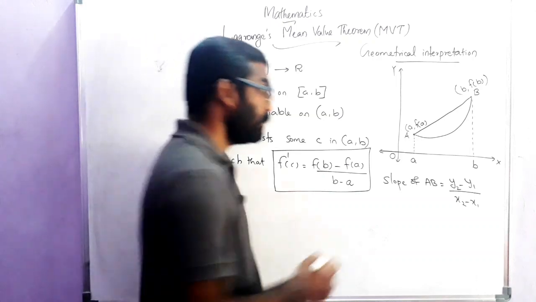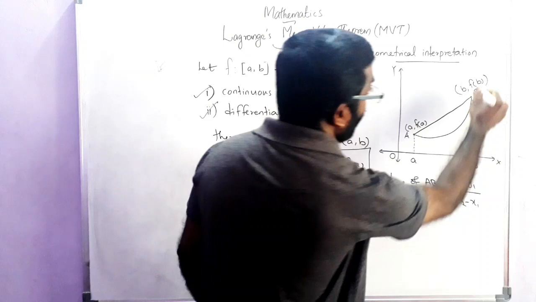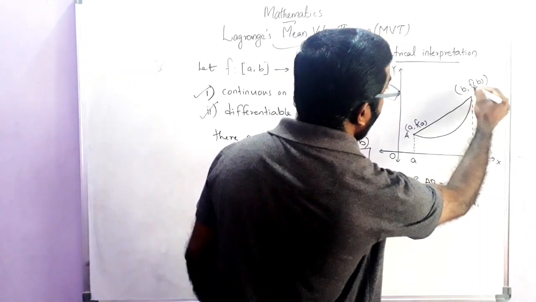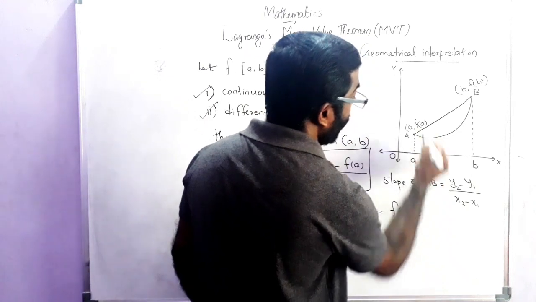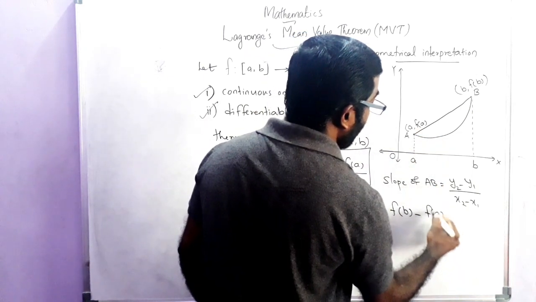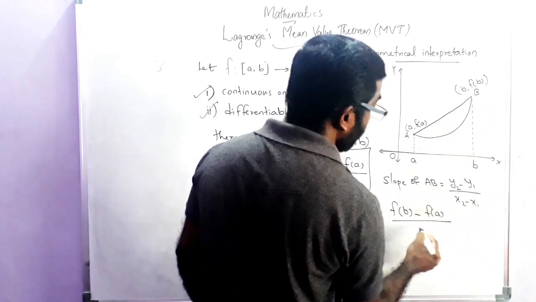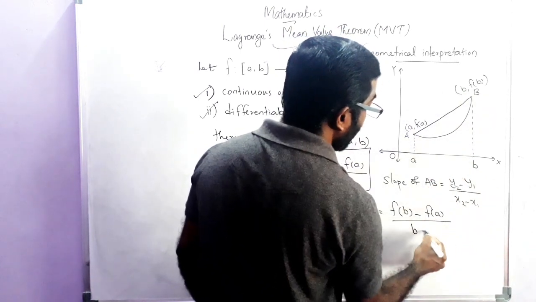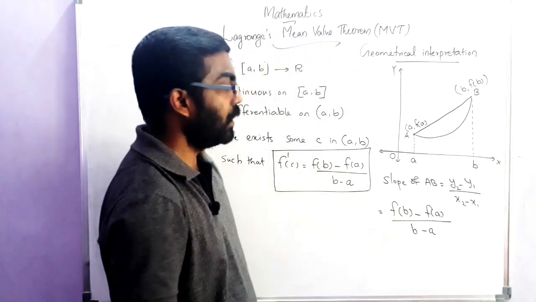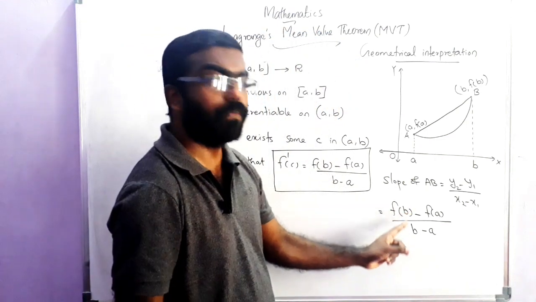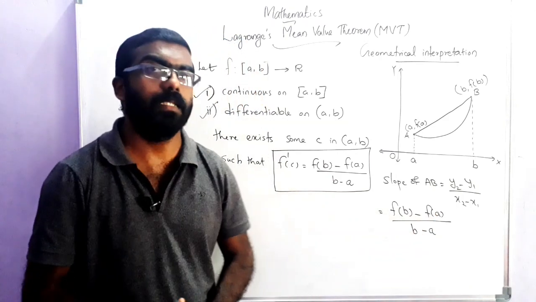So here instead of y2 the value is f of b, so f of b minus f of a, where y1 is f of a, divided by x2 minus x1. Here x2 is b and x1 is a, that is b minus a. Slope of AB is equal to f of b minus f of a divided by b minus a.